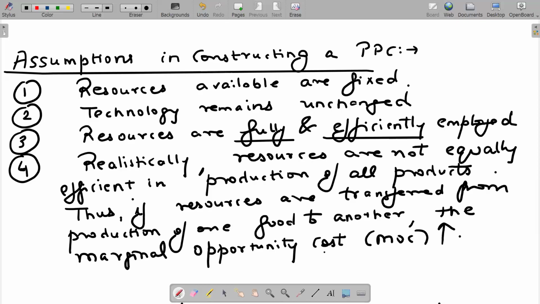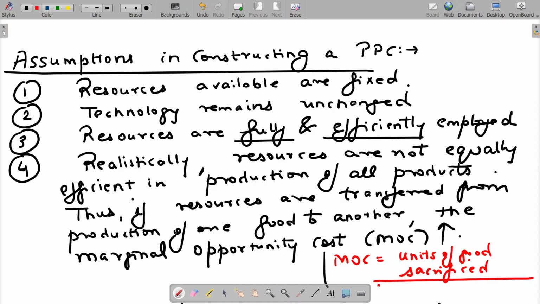I can write a formula here: marginal opportunity cost is nothing but units of the good sacrificed divided by units of the good gained.